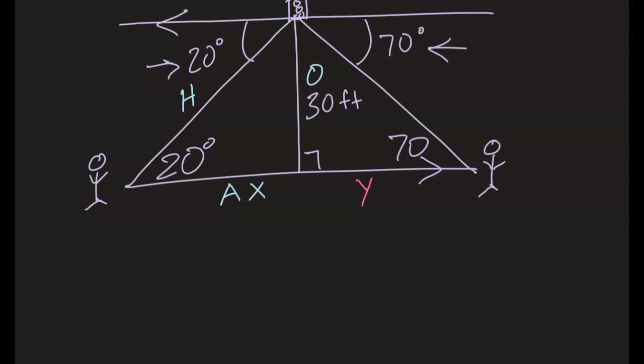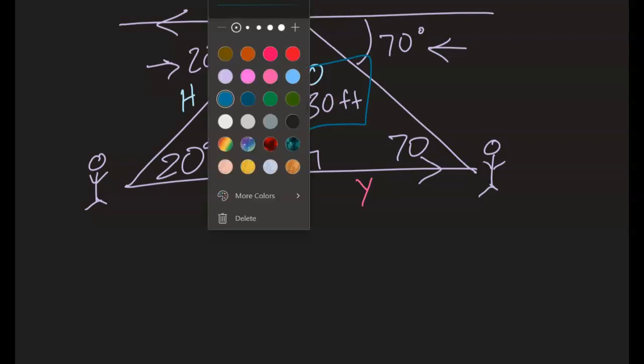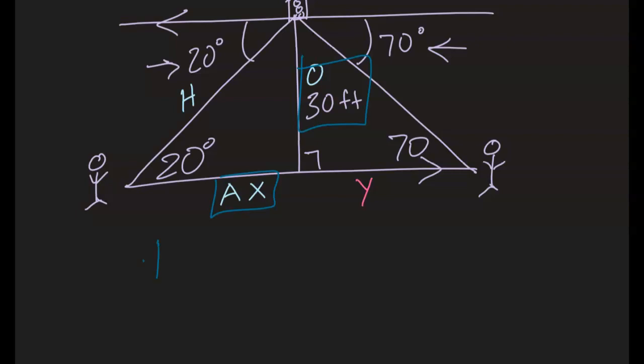So we're dealing with A and O. Which function has A and O? So tan of 20 is equal to TOA, O over A, that's 30 over x.